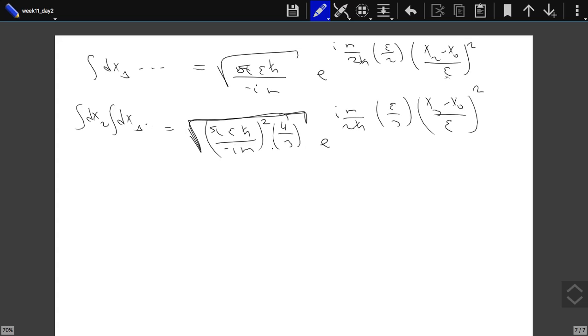They will just cancel each other. So epsilons will just cancel. In fact, that factor will just cancel most of it. But this 4/3, well, basically, I don't know what the pattern is. So what we need to do is the x3 integral. But that I will just do after the break.